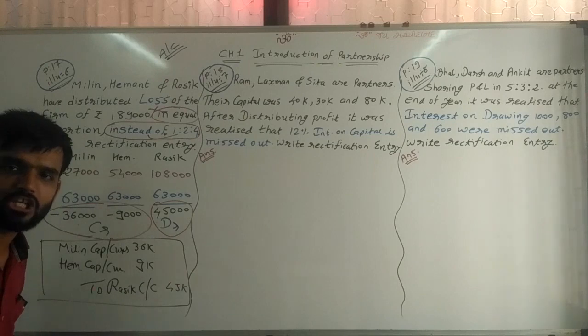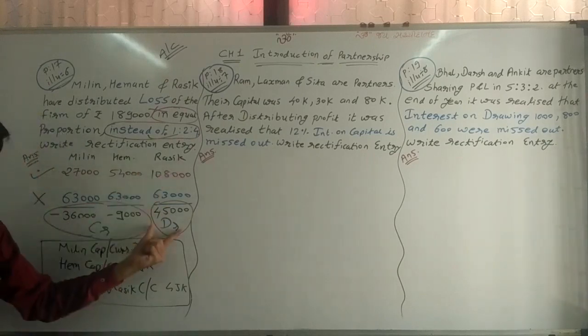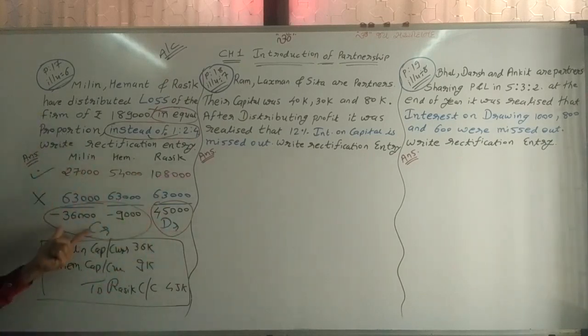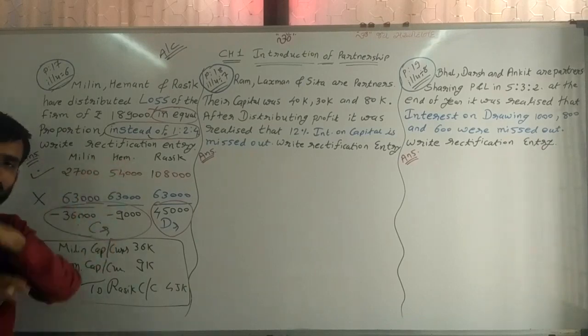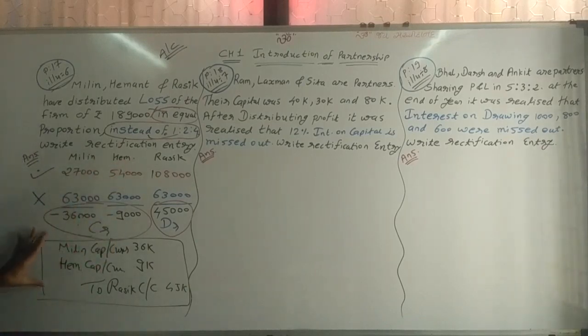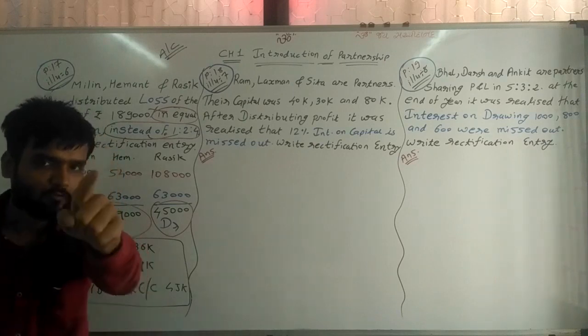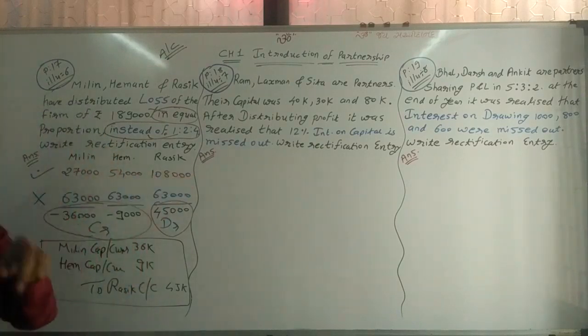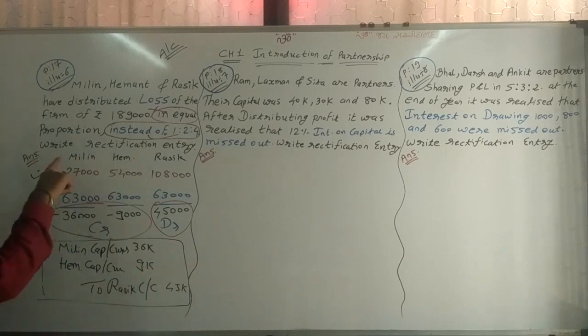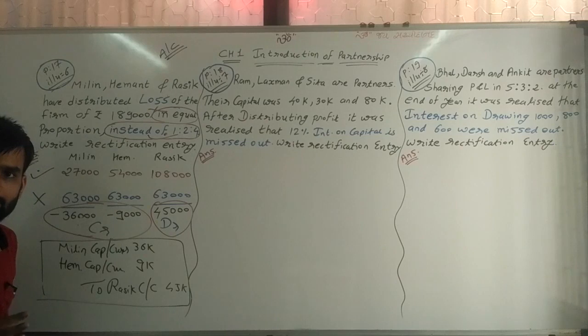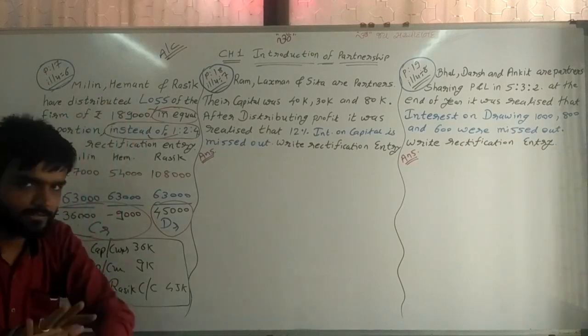And writing the rectification entry. Rasik debit 45,000, to Milin 36,000, to Hemant 9,000. That's it. So journal entry will be changed. Calculation remains same. That's why I am telling you, first write correct, second write wrong, correct minus wrong, minus debit plus credit when profit is given. If loss given, inverse. That's it.